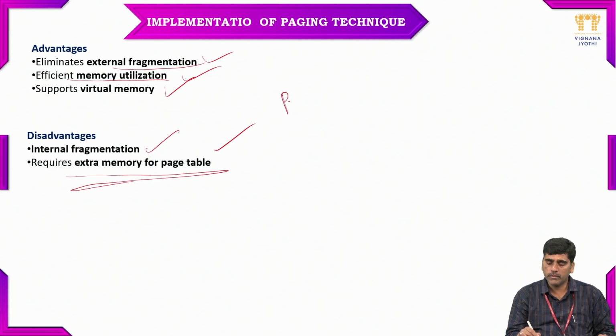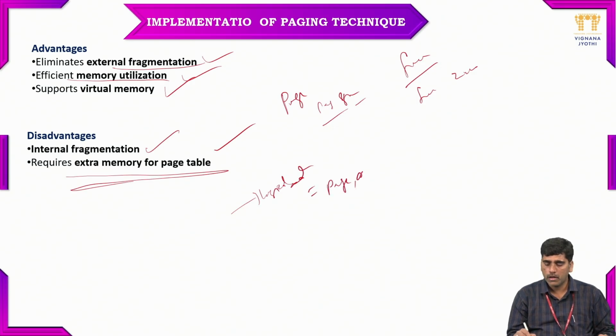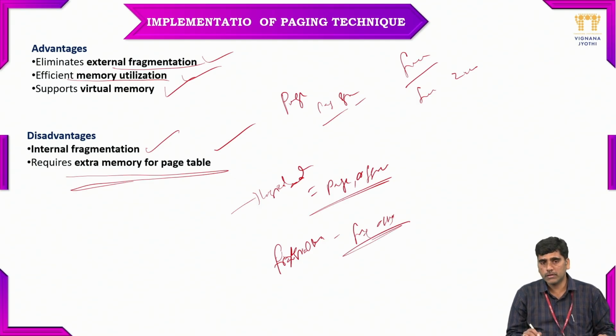Each and every page contains a page number and page size, and each and every frame contains a frame number and size. Once the logical address is generated by the CPU, containing page number and offset, according to this we have to form the physical address, that is frame plus offset.